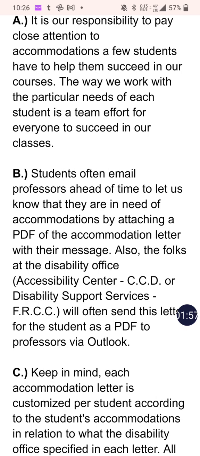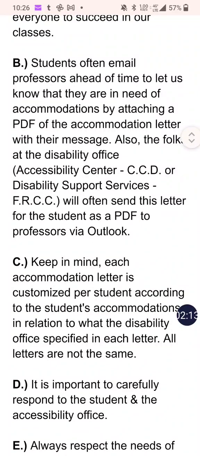Students often email professors ahead of time to let us know that they are in need of accommodations by attaching a PDF of their accommodations letter with their email. Also, the folks at the Disability Office, either the Accessibility Center here at CCD or Disability Support Services at Front Range, will often send this letter for the student as a PDF to professors via Outlook.